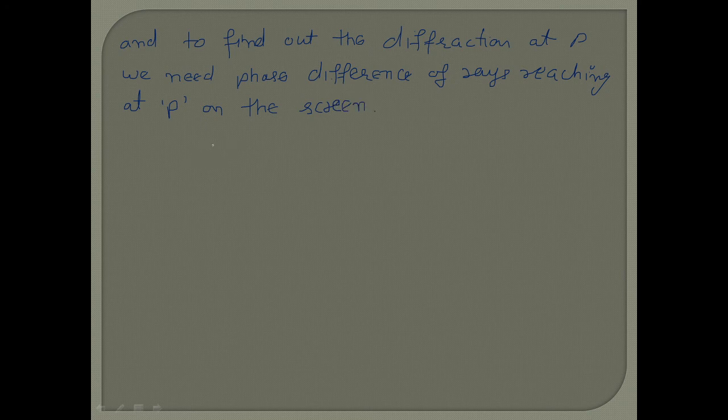Then the phase difference is 2 pi by lambda into the path difference.